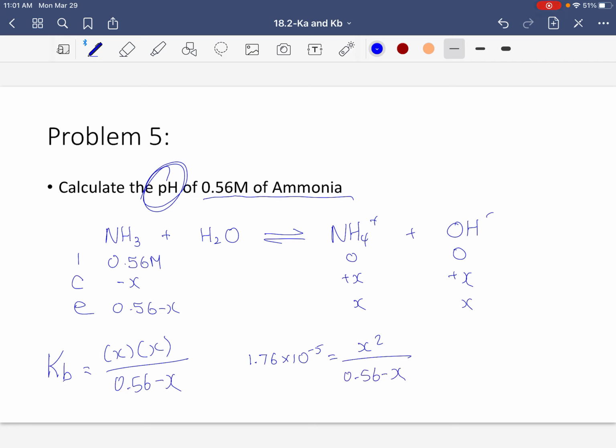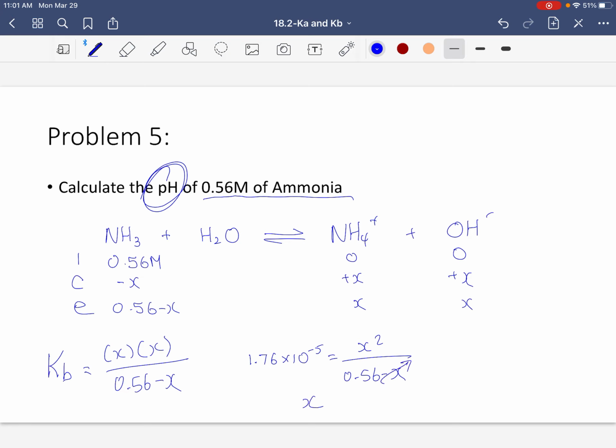Again, let's check to see if I can use the 100 rule. Everybody, pray that we can, because if we can, that will save us a whole lot of work. And yes, we can, because 0.56 divided by Kb is like 31,000. That's x is a tiny, tiny number.